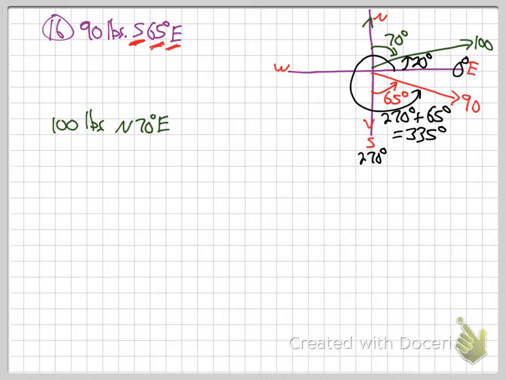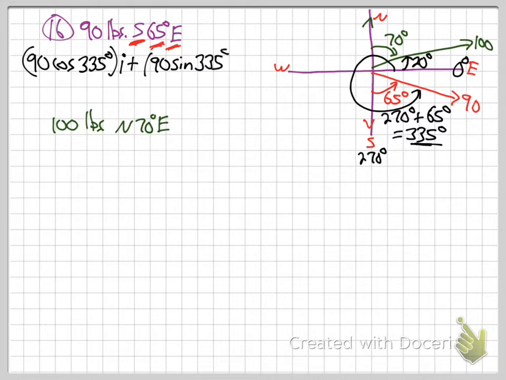All right, and then we write the vector will be 90 cosine of the actual angle. I'm doing this one first. 335 degrees i plus 90 sine 335 degrees j. Right, so I'm taking the 90 vector and doing this.